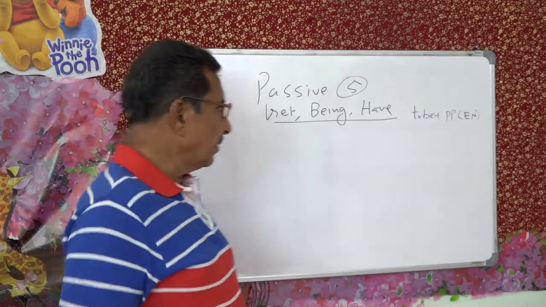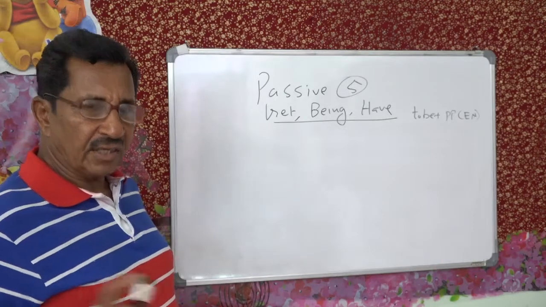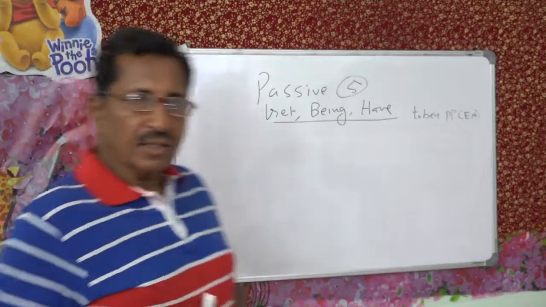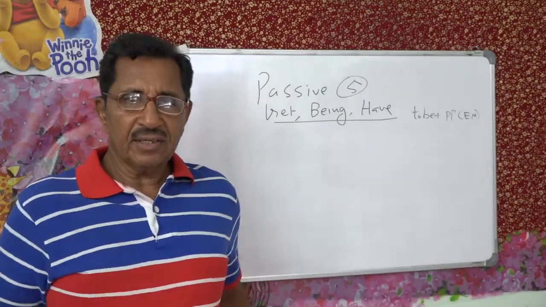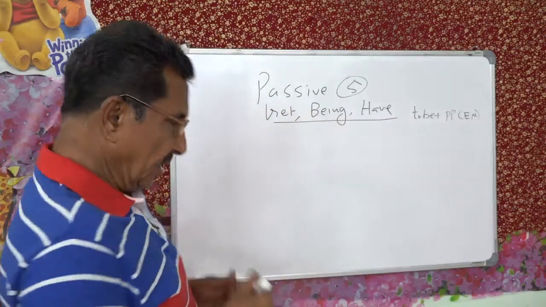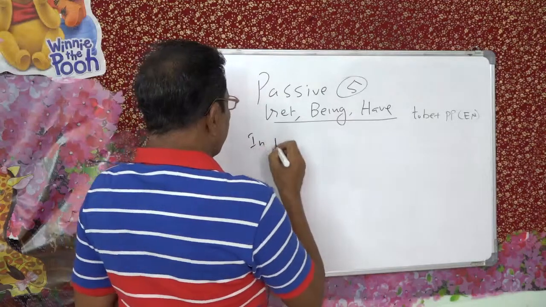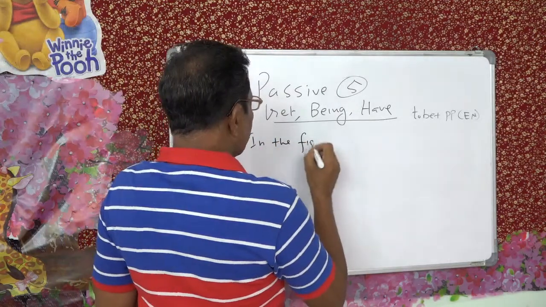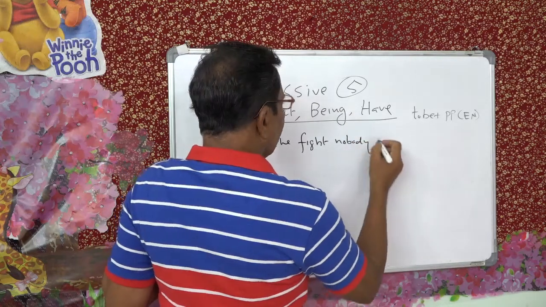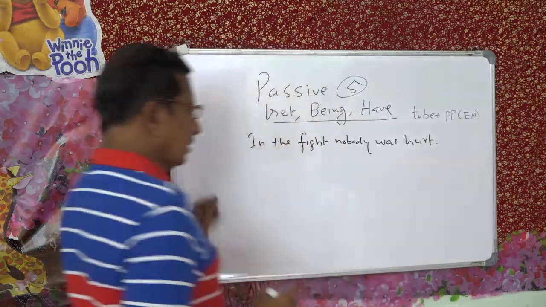For example, there was a fight and nobody was hurt. You have a sentence like that: in the fight, nobody was hurt.